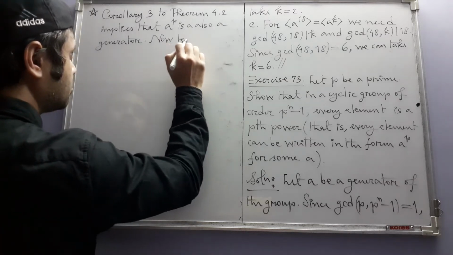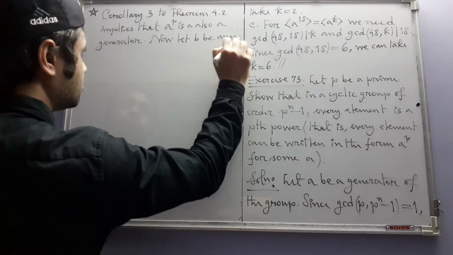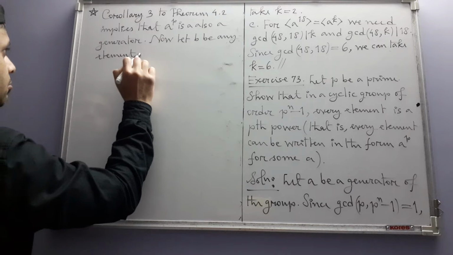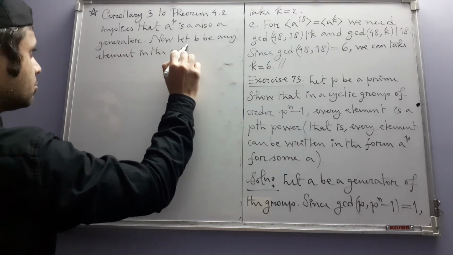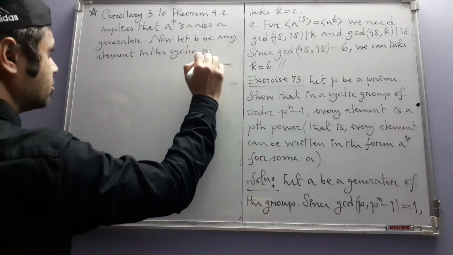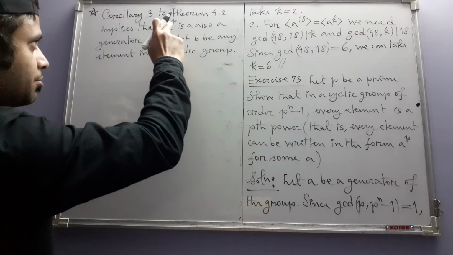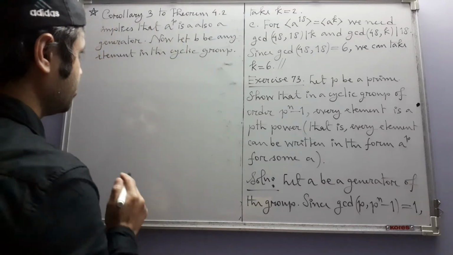Now let B be any element in the cyclic group. Now because a to the power p is a generator, B will be some power of a to the power p.